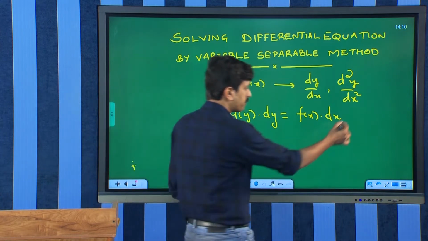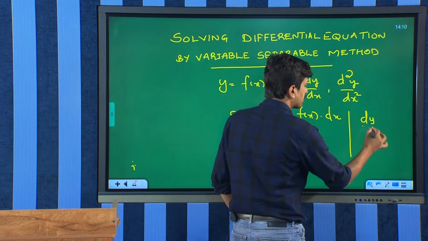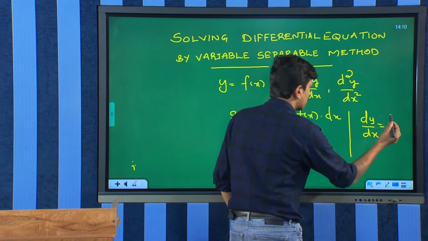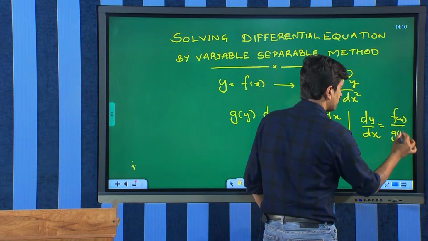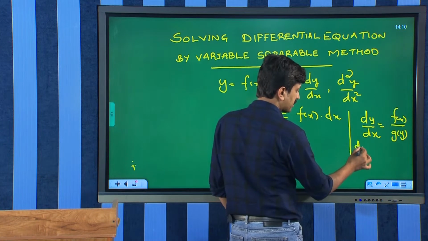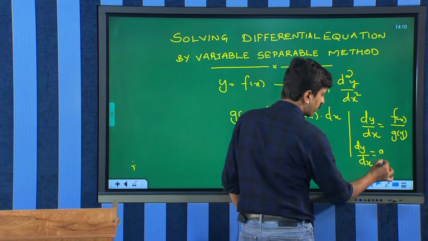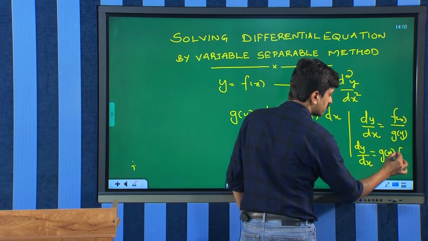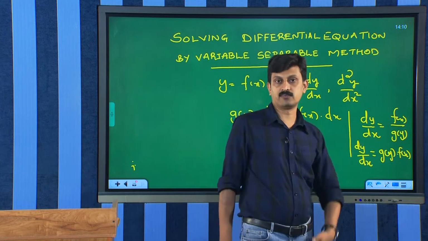Maybe some types of differential equation are like dy by dx is equal to f of x divided by g of y, or sometimes dy by dx is equal to g of y into f of x. In either case, no problem, we can separate the variables.